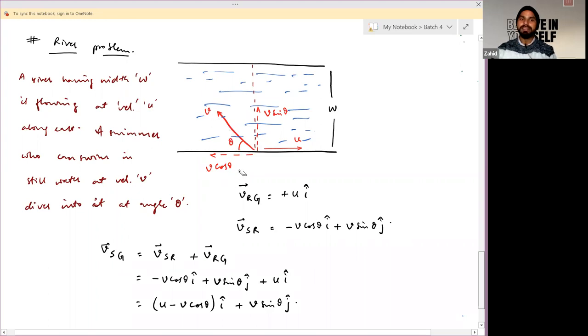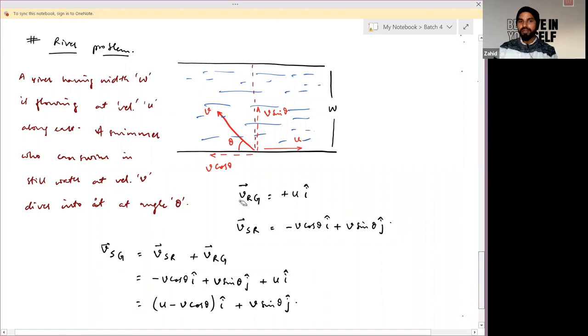One is along x-axis, V cos theta, and the other is V sin theta. Since this is velocity of the swimmer with respect to river, now we have to define it with respect to ground.